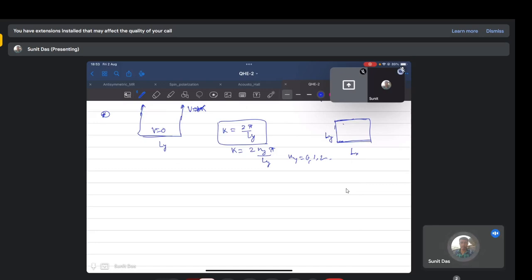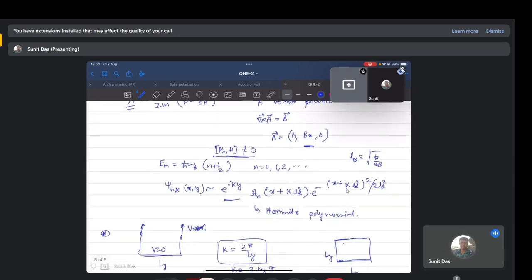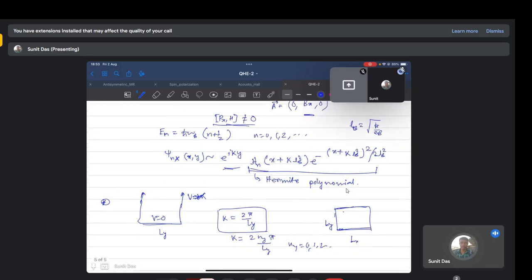And having a finite size L_x along the x direction is a little bit more subtle, because in the x direction the particles are not really free. Rather, the particles follow the wave function of the harmonic oscillator, right? So some Hermite polynomial multiplied by the Gaussian function.